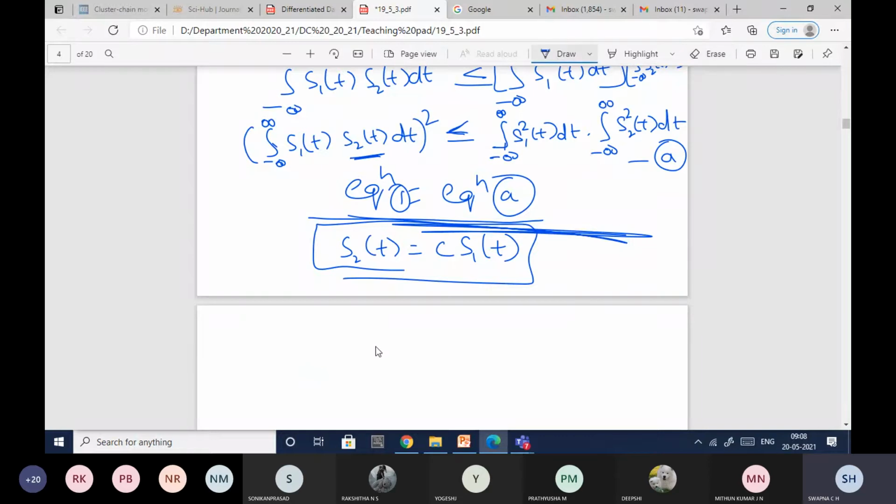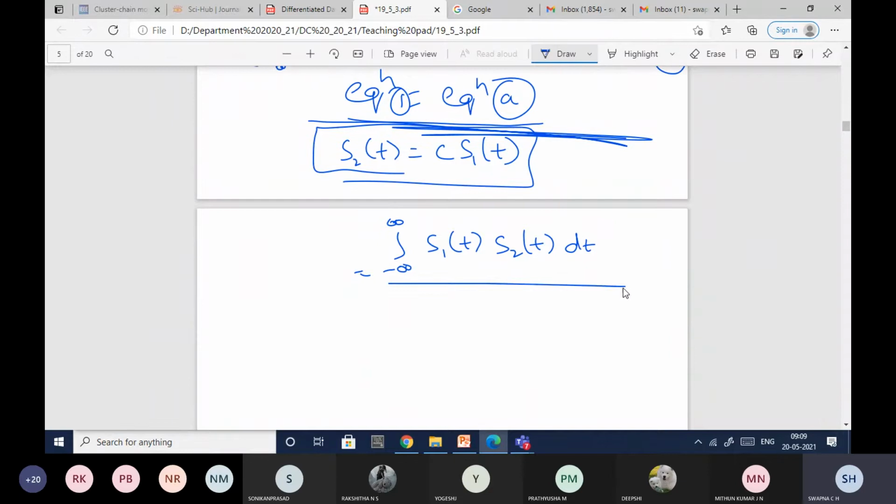I'll write the equation: integral from minus infinity to plus infinity of s1(t) into s2(t) dt, divided by the integral from minus infinity to plus infinity of s1 square of t dt into the integral from minus infinity to plus infinity of s2 square of t dt.